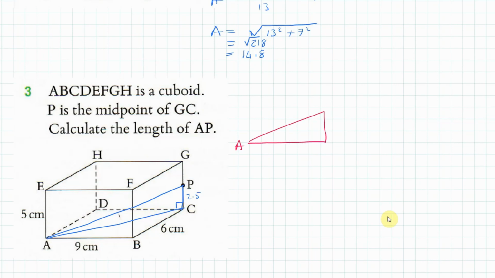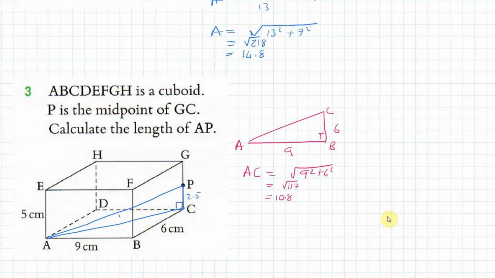Here's A, here's B, here's C, 9, 6. Now we can find AC, so AC is equal to the square root of 9 squared plus 6 squared, which is equal to the square root of, what is that, 117? And the square root of that is equal to 10.8.